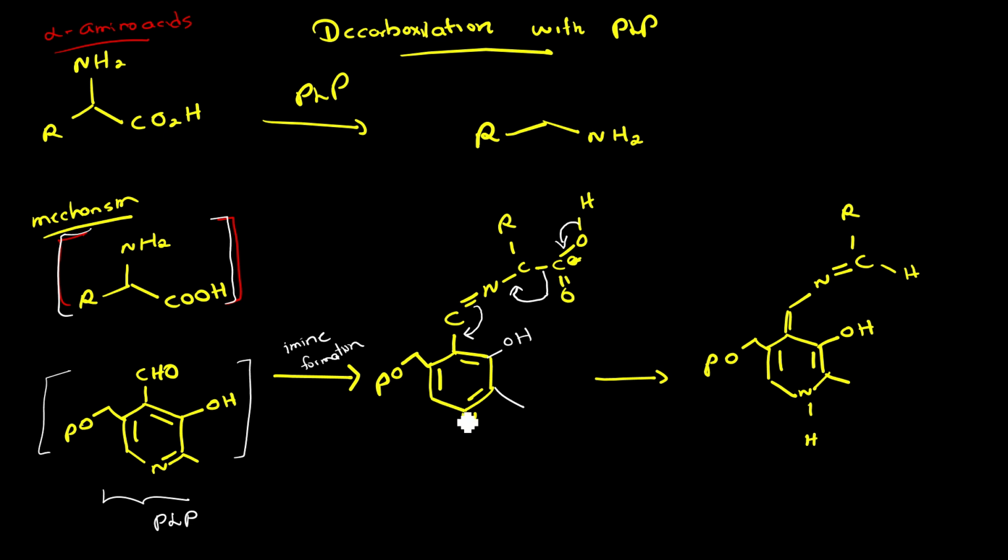Now our ring is getting destabilized, so the shifting can happen. This double bond is shifting to here and this double bond is shifting to a proton. Now we will have our structure like this. Okay, this is the structure.